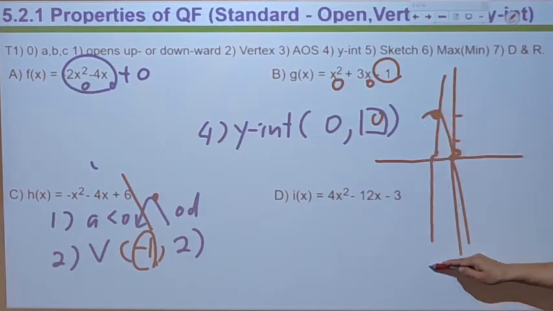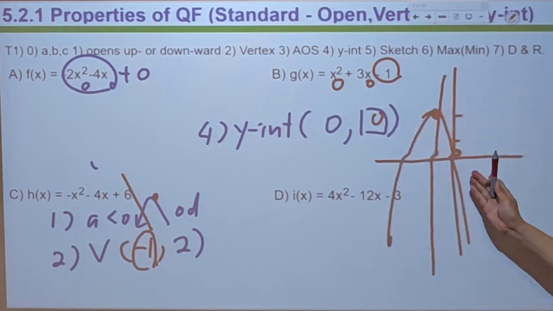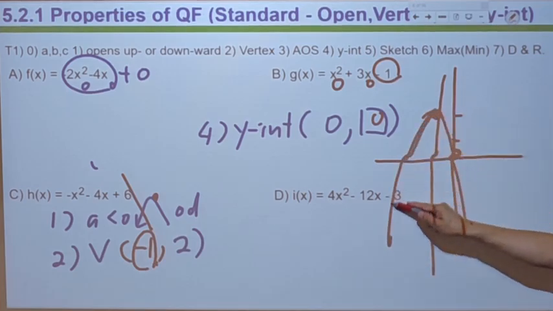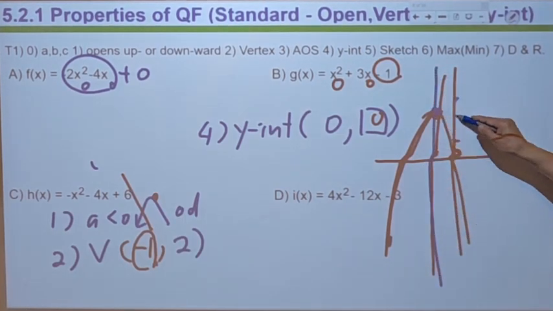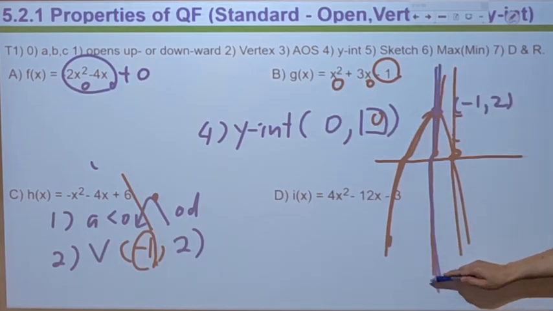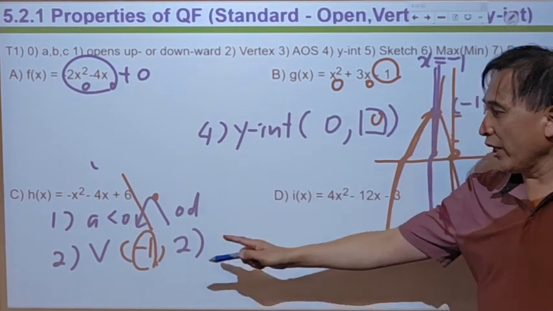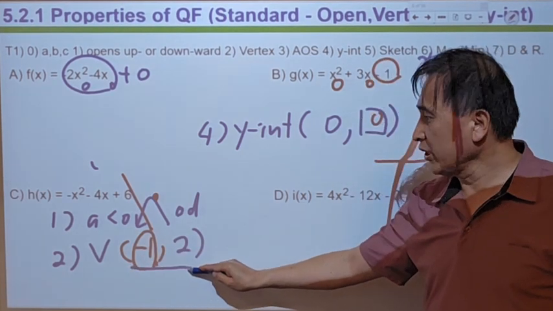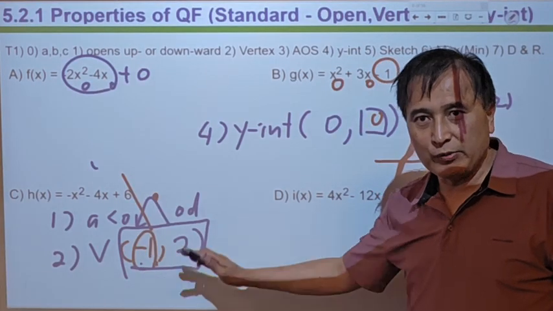Because this will be the axis of symmetry, using symmetry left and right, you make the same, you draw this way. And this point is negative 1, comma 2, right? So any x value is negative 1. So the equation of this is x equals negative 1. But that one you can find right away from here. If you know the vertex, very important. Both of them should be right. Otherwise the following will be wrong.